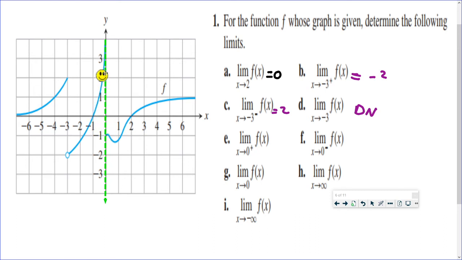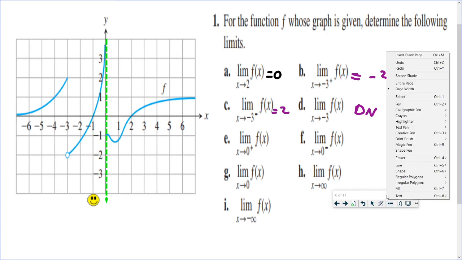And from the left side, the function goes to positive infinity, to the sky, this blue line. So again, let's write our information here.